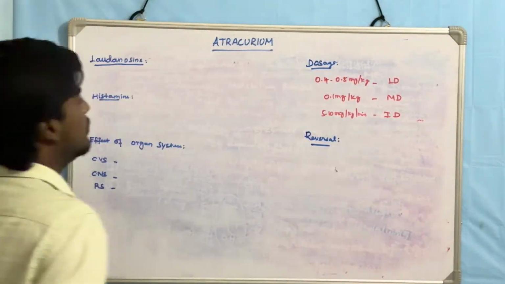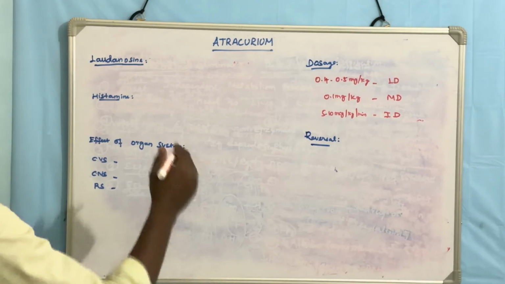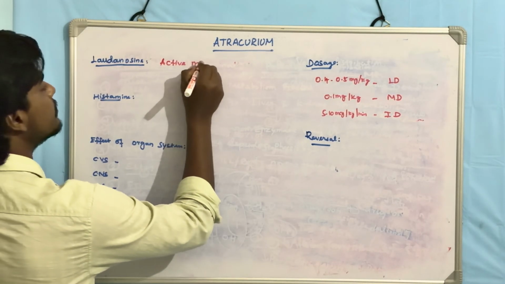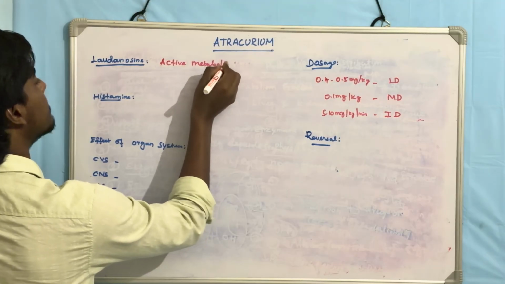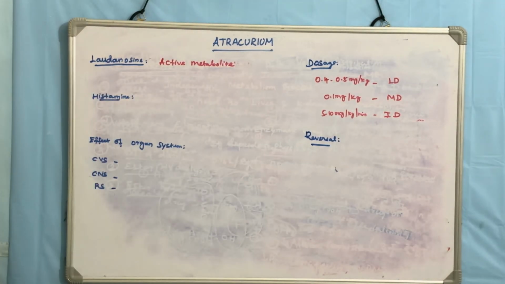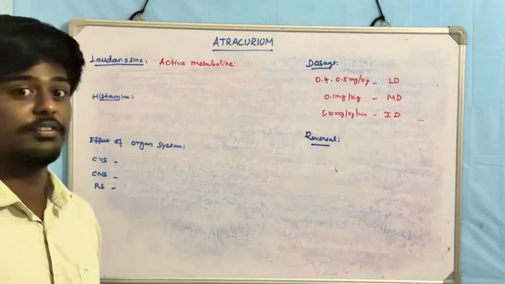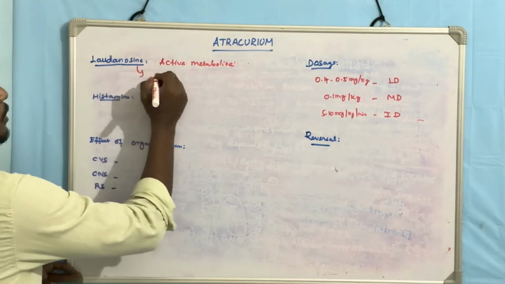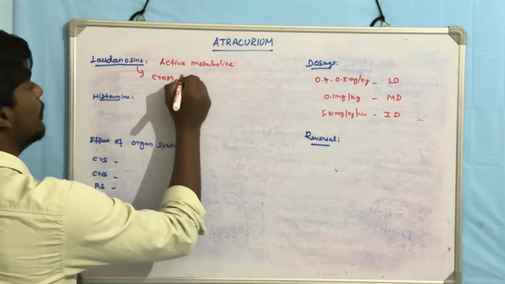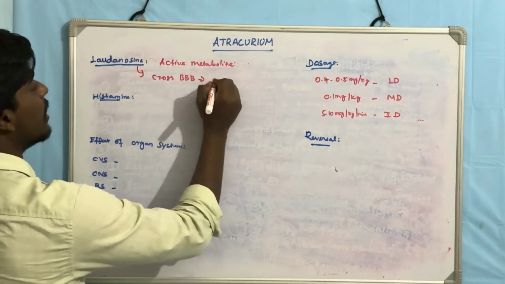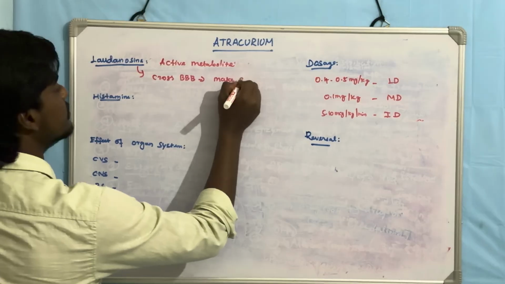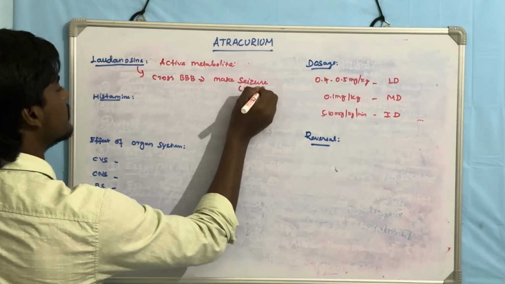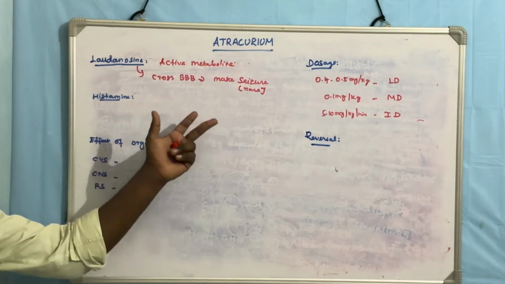So next we learn about the other properties of Atracurium. Atracurium has an active metabolite named laudanosine. Atracurium itself doesn't cross the blood brain barrier, but laudanosine crosses the barrier and can cause seizures, but it rarely happens. Not significant.